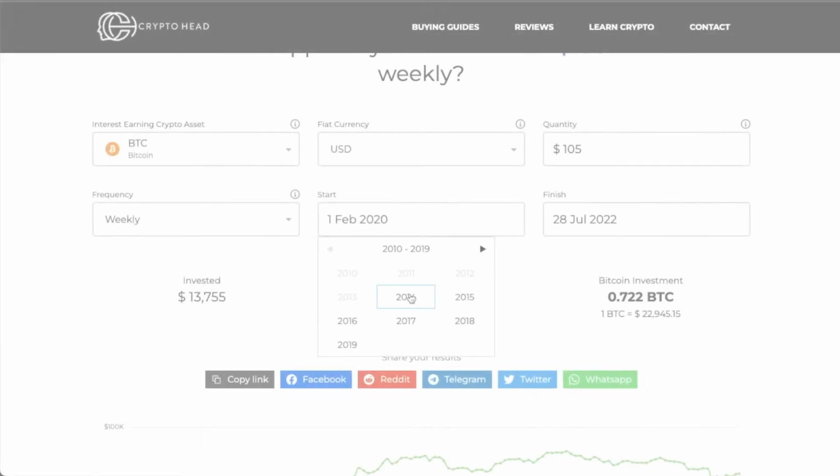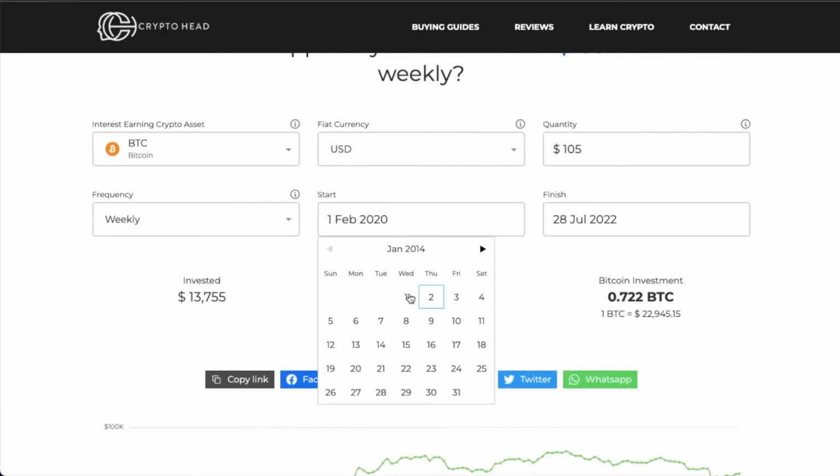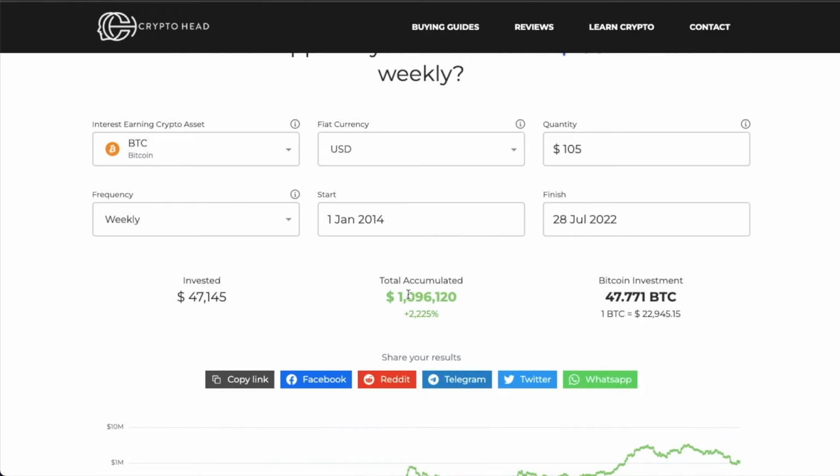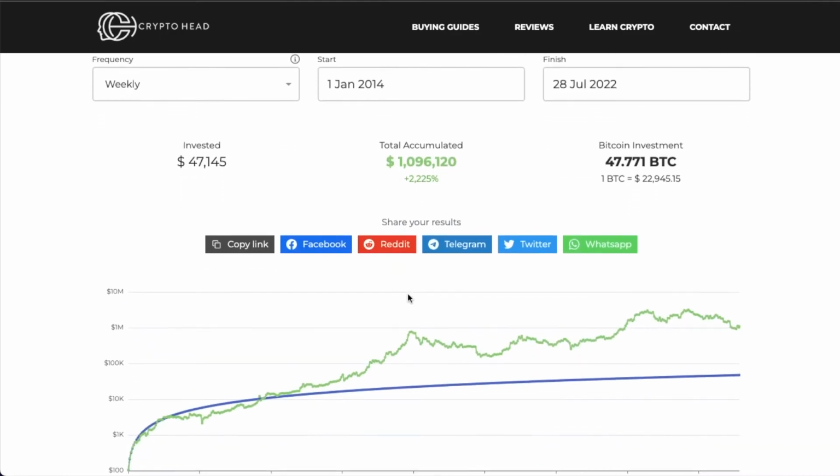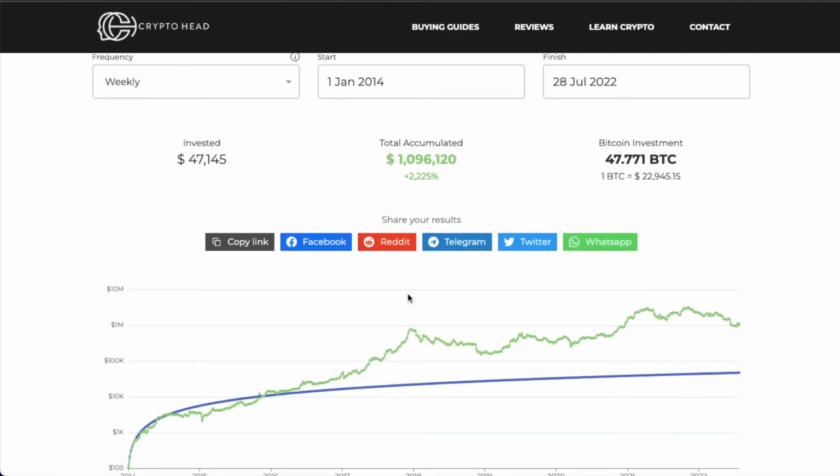Just for fun, imagine you had the wisdom, and the funds, to start accumulating Bitcoin since the year 2014. You'd spend $105 per week, which seems doable, and in total since 2014, you'd spend $47,145, but the value of all the Bitcoins that you purchased would have been well over $1 million today.